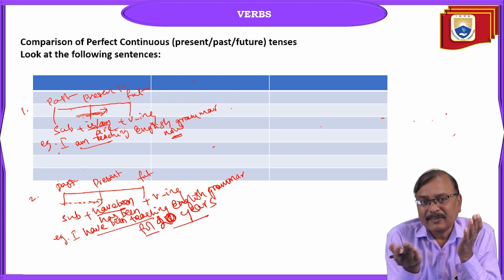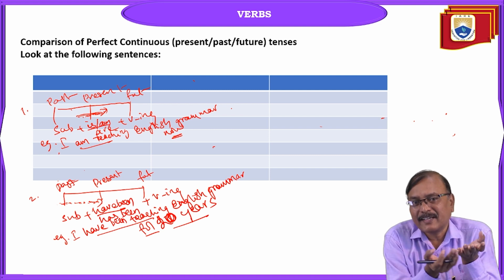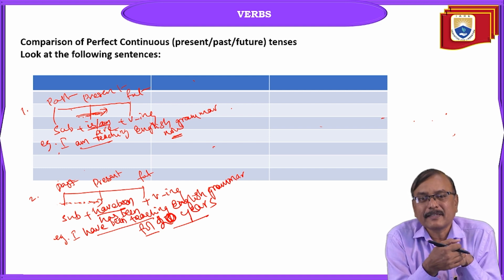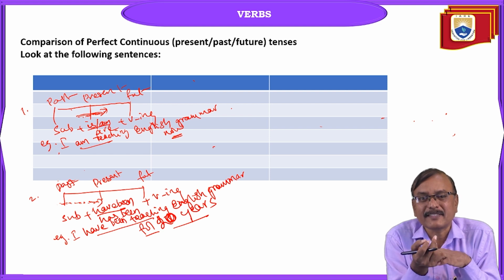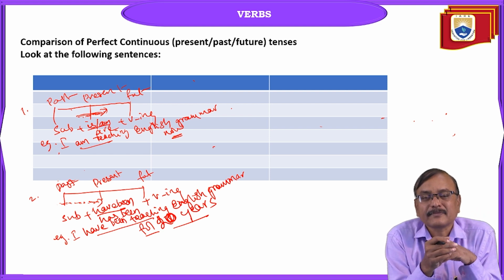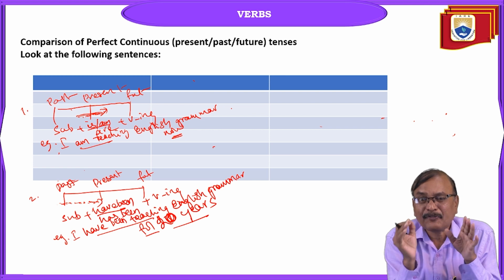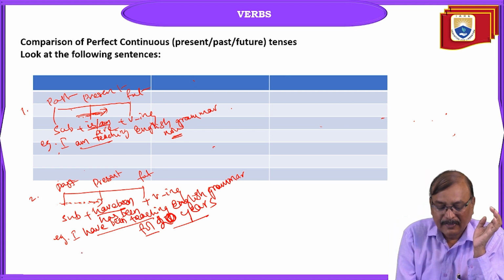In our mother tongue, in Indian languages, if you try to translate, it appears correct only. He is suffering from fever for 4 days. Don't say like that. When it is for 4 days, go with the present perfect continuous tense.